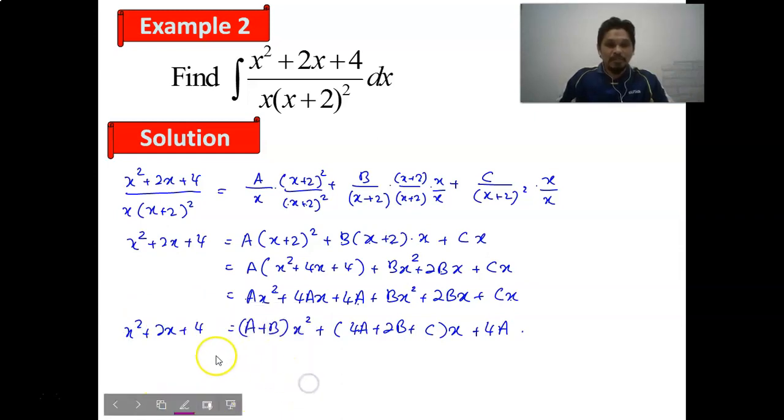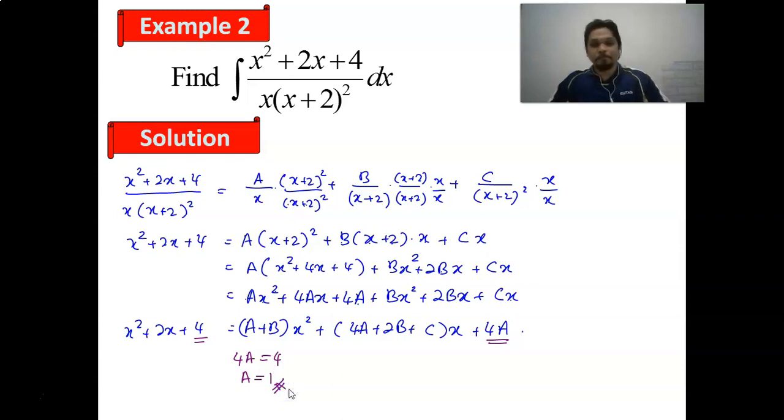Look at this one here, the constant 4 with a constant of 4A. So then 4A equals 4, then A equals 1. Next, we already got the value of A here. So look at this one, A + B, where A equals 1: 1 + B equals the coefficient of x², which is 1.